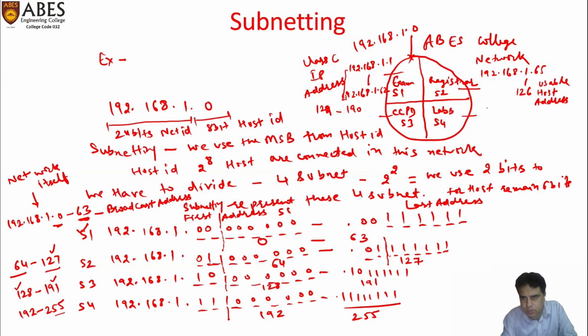For subnet S4, 192 is the network address, 193 to 254 are the usable host addresses, and 255 is the broadcast address.